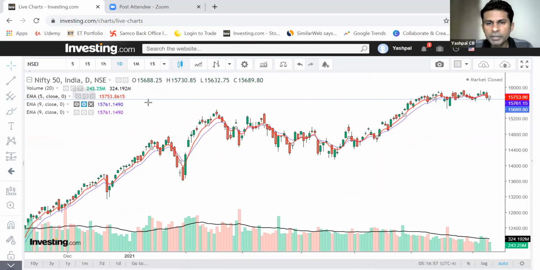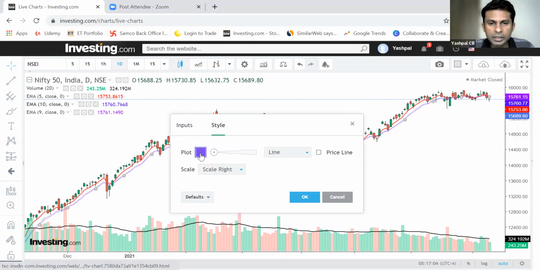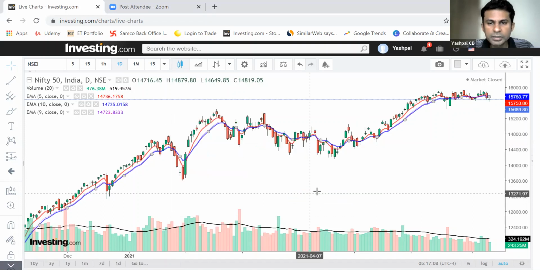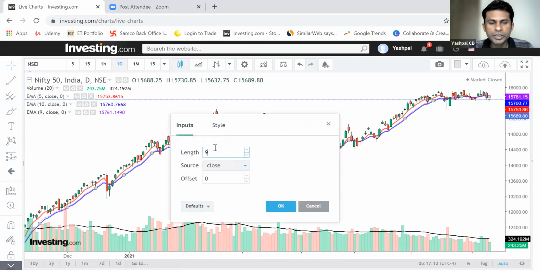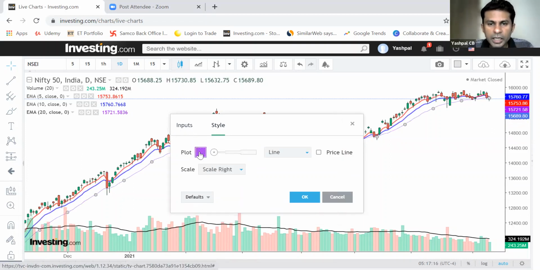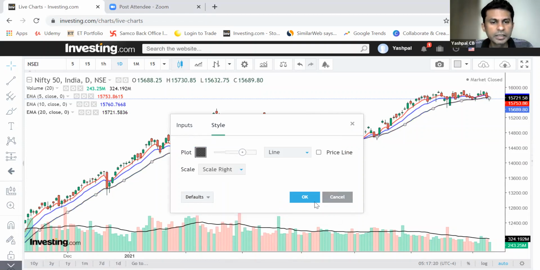Likewise, for the next EMA, I will click input and change it to a 10 period moving average, color blue, and increase the thickness. For the third EMA, input, I'm going to change it to a 20 period moving average, change the color to black, and increase the thickness.